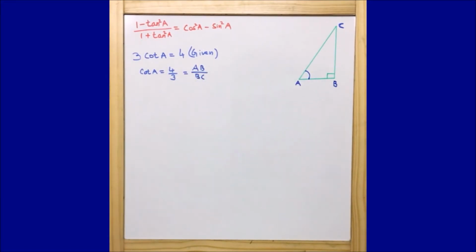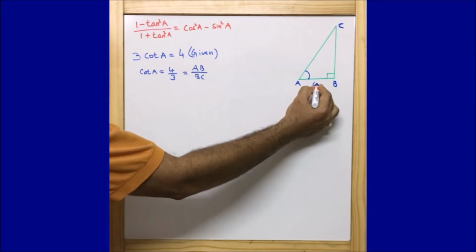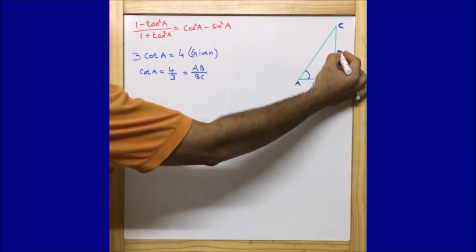So we saw that cot A is equal to 4 by 3, that is equal to AB by BC. That means AB and BC are in the ratio of 4:3. So let us put down these units, AB as 4 and BC as 3.